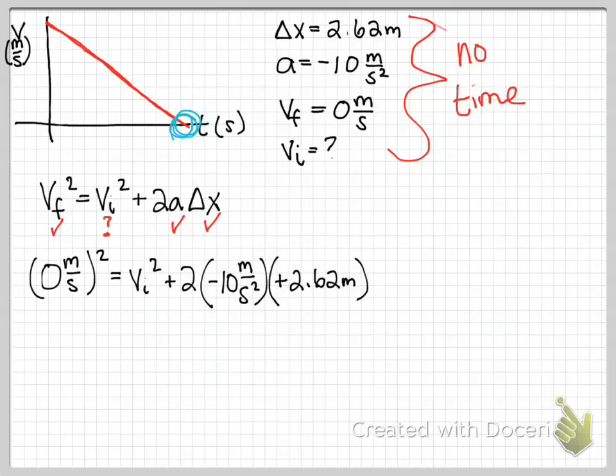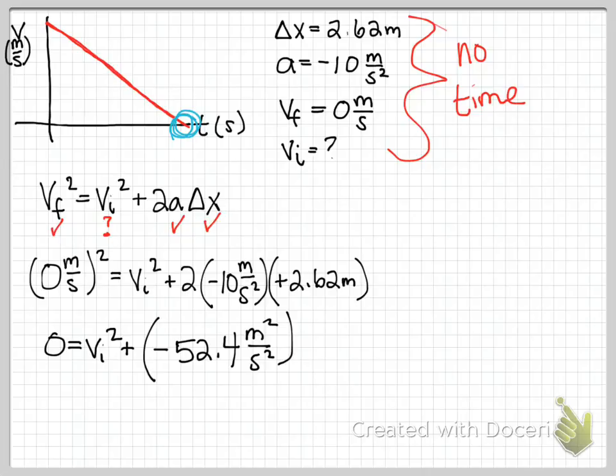Because this simplifies to 0 equals V initial squared plus a negative 52.4, and the units there are meters squared per second squared.